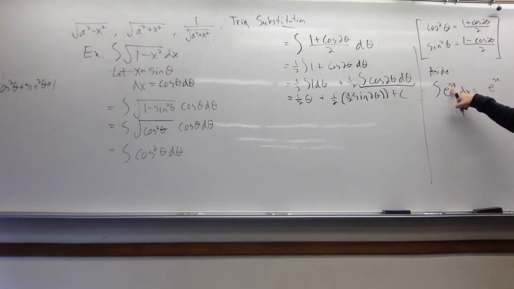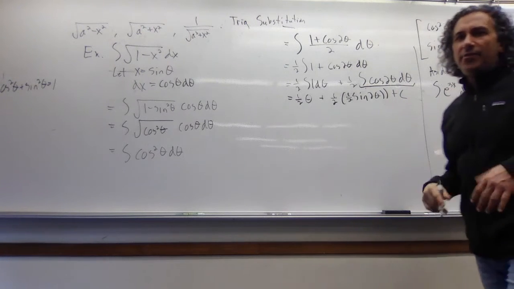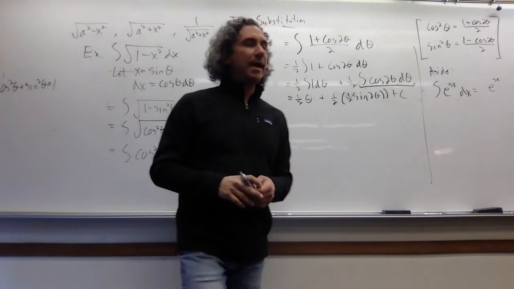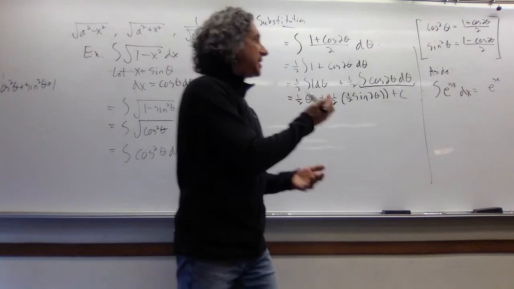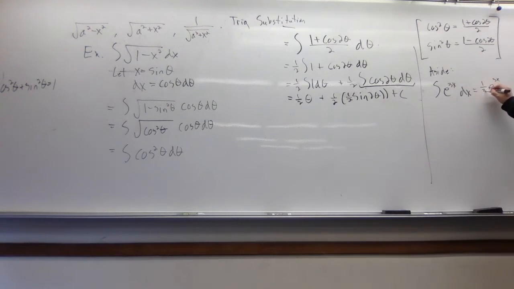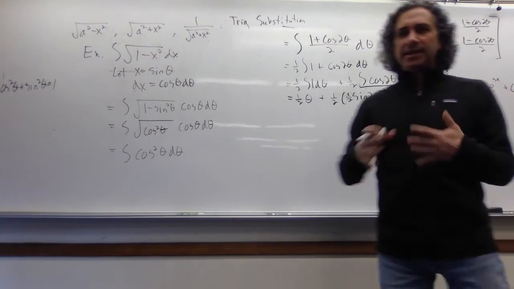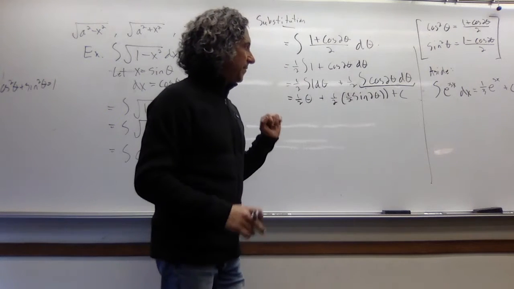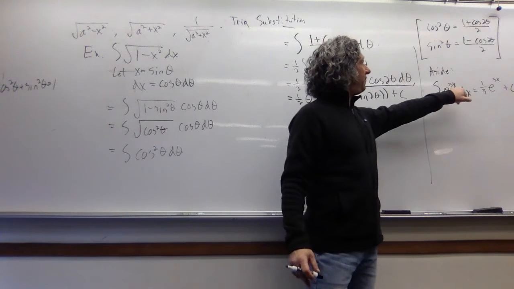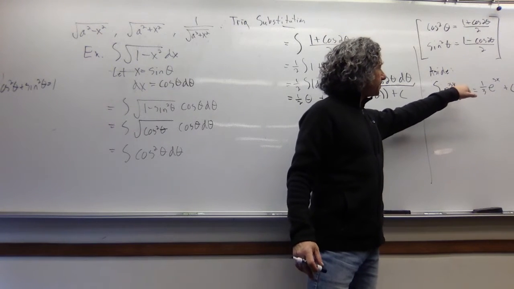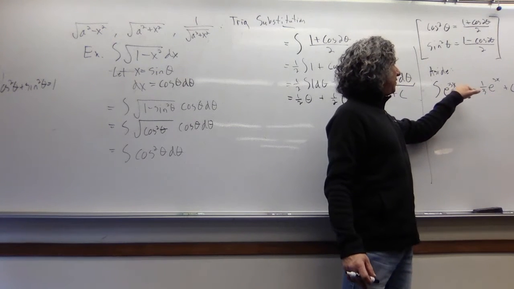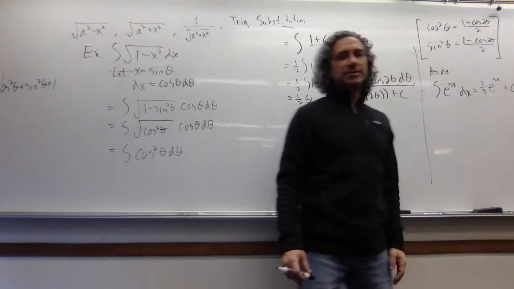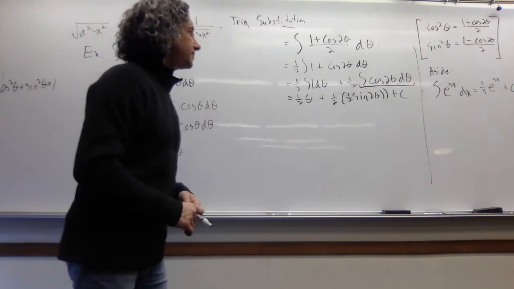And then again, we'll have u equals 3x, so that du is 3 dx, and then the 3 comes over to the other side. So it just becomes 1/3 e to the 3x plus c. So again, you might need to rewind the tape and think about that a little bit. But from now on, if I ever have a linear function up here, I'm just going to take the antiderivative, keep that guy inside, and multiply it by 1 over the slope.